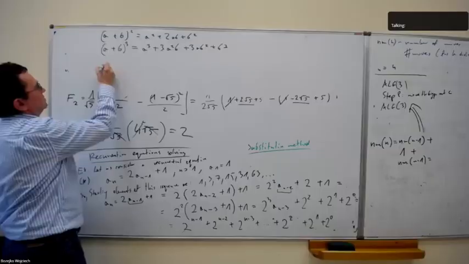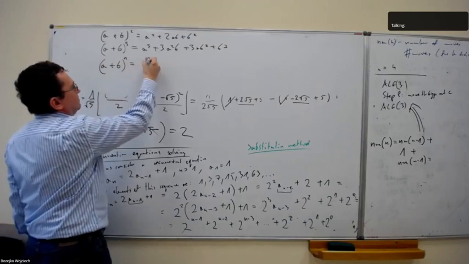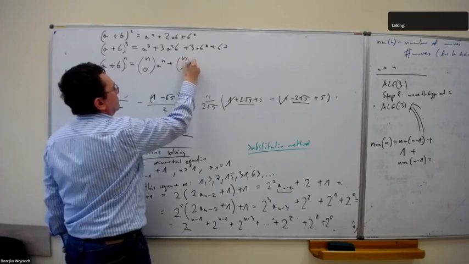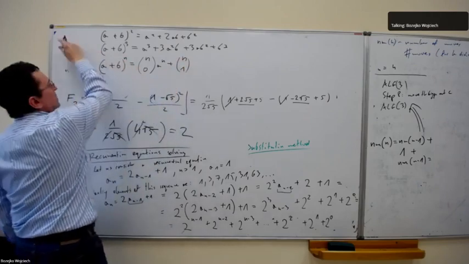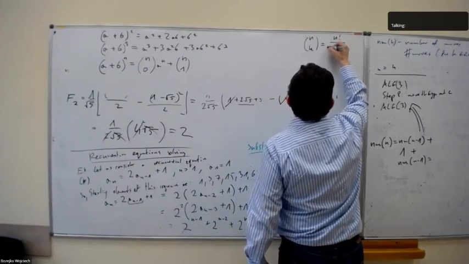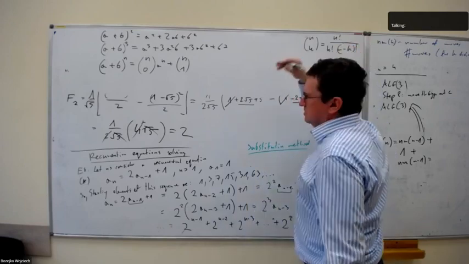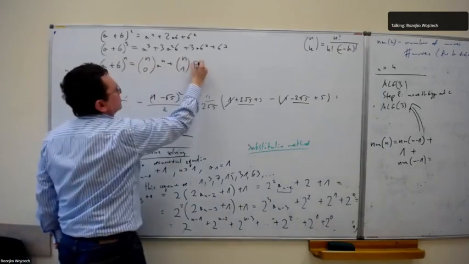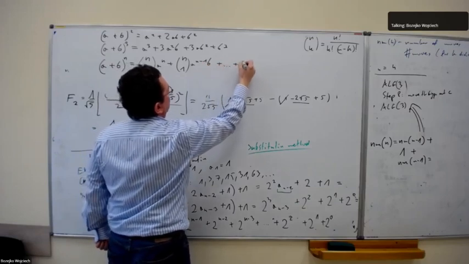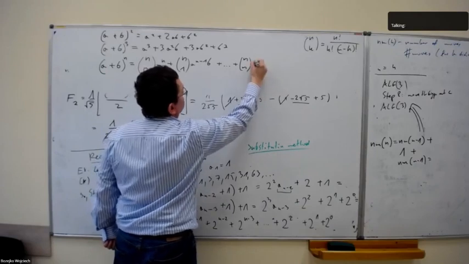So in general, we have such a thing. (a plus b) to the power of n is given by such a formula: n choose 0 times a to the power of n, plus n choose 1 times a to the n minus 1 times b, and so on, plus n choose n times a to 0 times b to the power of n.